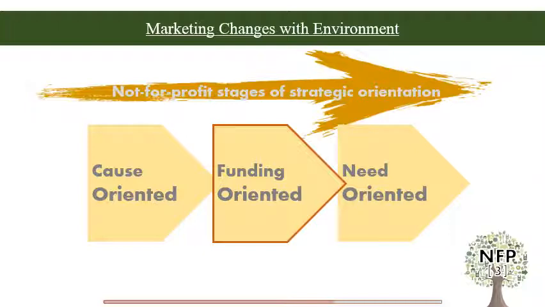So those are some of the things that characterize the funding orientation stage. So this is where an NFP is directed towards the attraction of funds, but it is doing so with a broader remit. So you might see multiple different objectives being focused on by an organisation at the funding orientation stage.